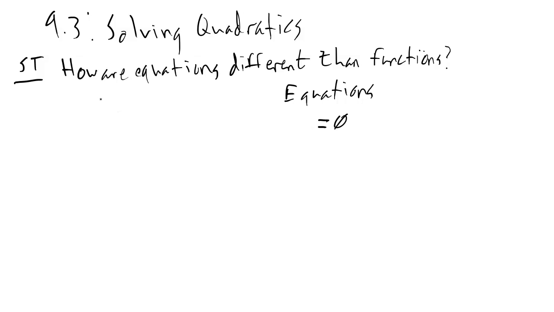Whereas with functions, we're looking more generally. We were talking about linear functions or quadratic functions, right? We have to have y is equal to something. Now, functions are useful in a ton of different places, but what we do with equations is we always solve for x.